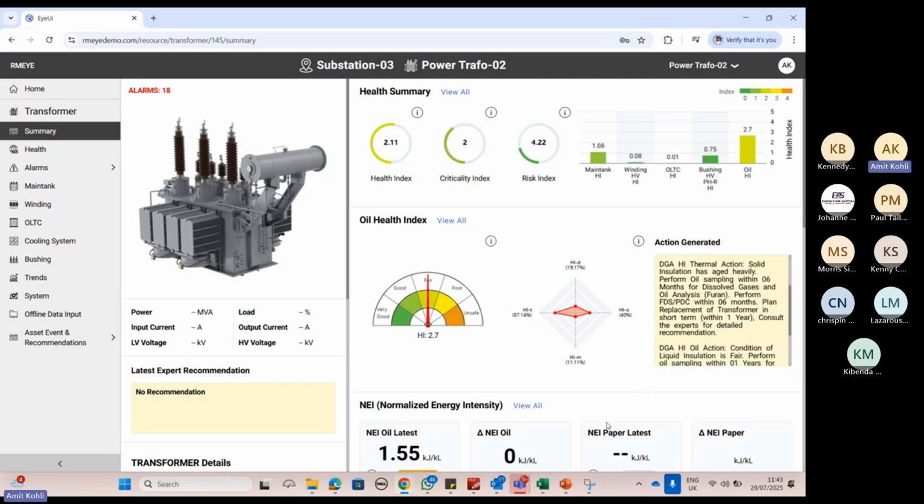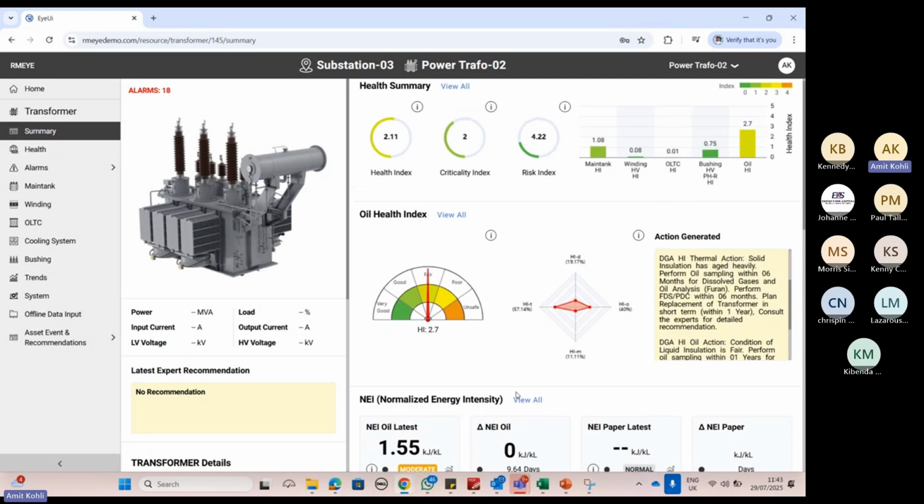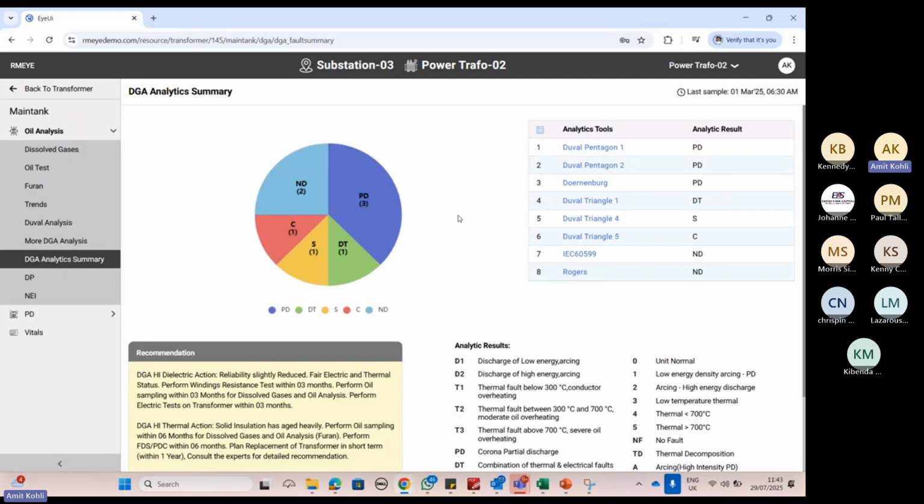Then, if you have transformer experts who want to see whether the recommendations and analysis we are giving are correct or not, for them we have given the industry standard analytics as well, like Duval pentagon, Duval triangles, IEC ratio, Rogers ratio, and all of this is done on offline data as well as online data.